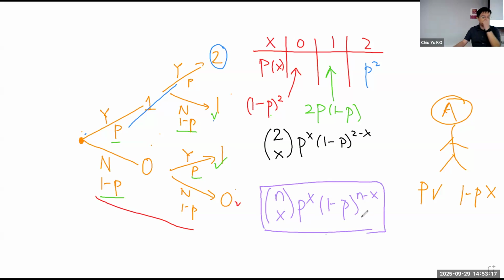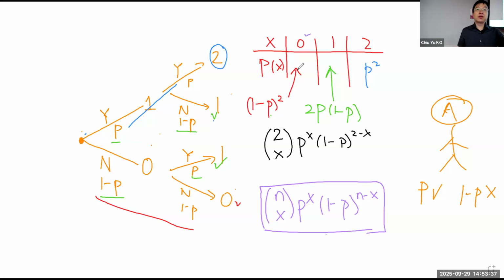So let me explain a little bit why this is true, using the 2 cases. What would happen if you have 0? How can you have 0 if you only have 2 trials? All fail and fail.